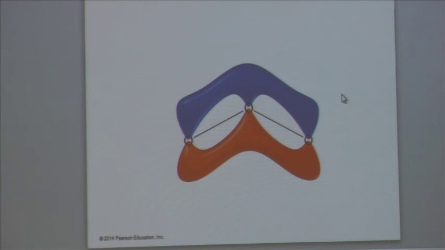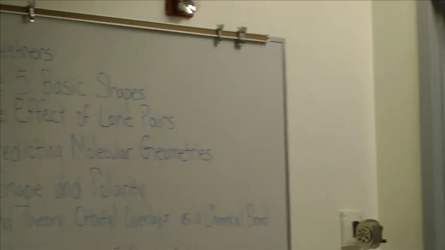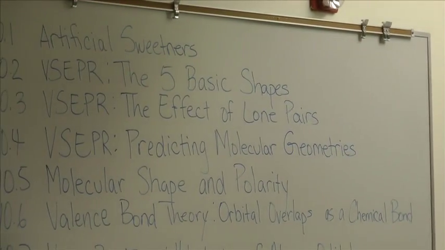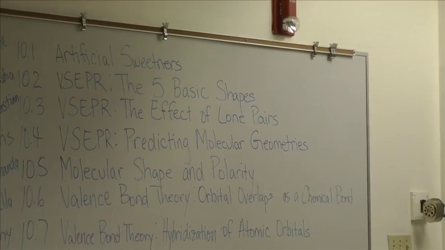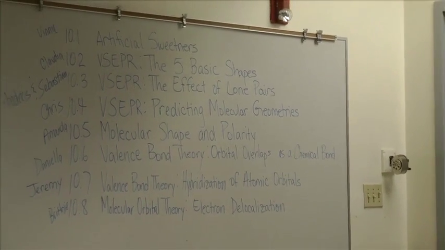And so next class, students will be lecturing on chapter 10 and talk about the different sections on molecular shape and polarity, the effect of lone pairs, predicting molecular geometries, and considering the different bonding theories. Okay, that's it.